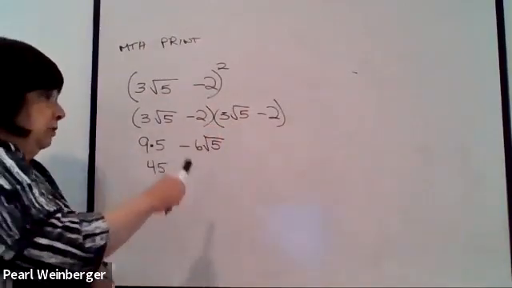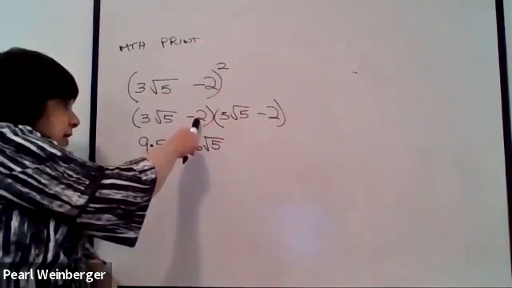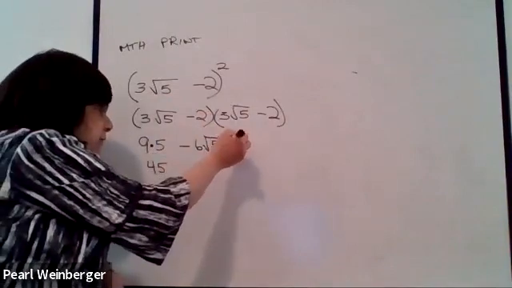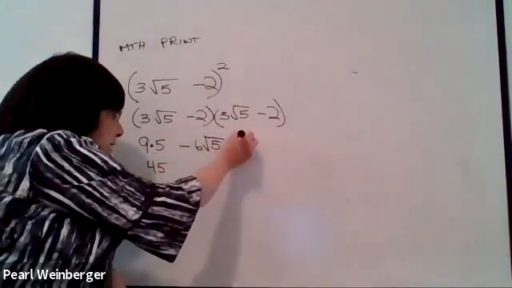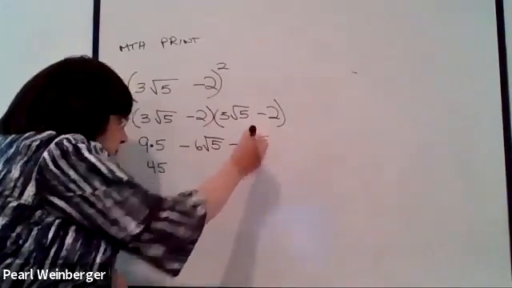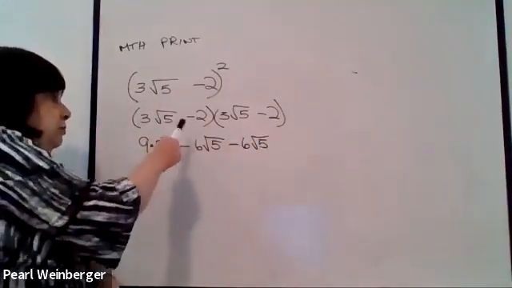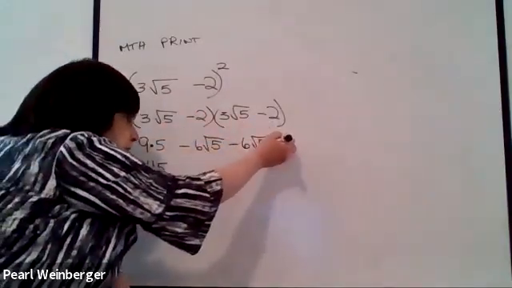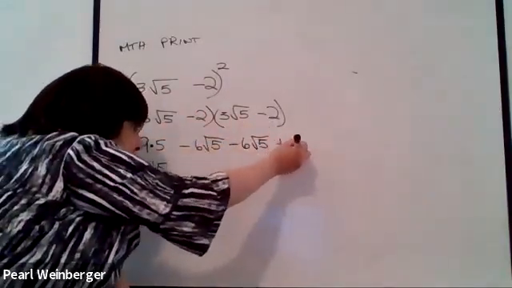Then I do inner, which is the negative 2 times the 3 radical 5, which again gives me negative 6 radical 5. And finally, I do last, negative 2 times negative 2, which is positive 4.